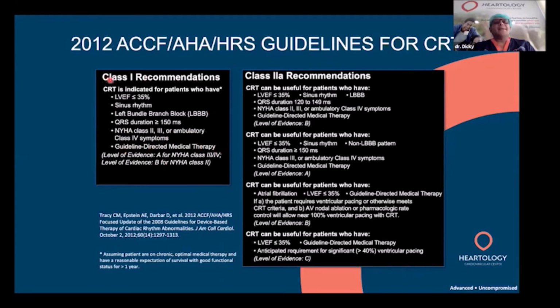CRT has a class 1 recommendation. Of course, it is also recommended in less severe QRS duration, but it is only a 2A recommendation as long as it is still in left bundle branch block or in a non-left bundle branch block with a QRS duration of over 150.